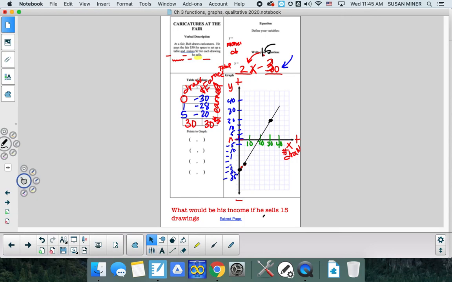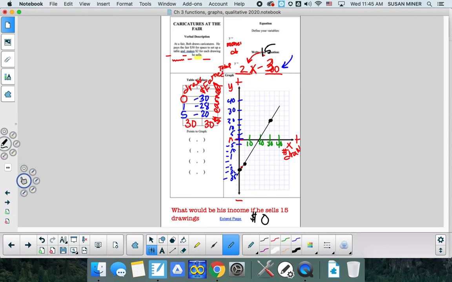He would make $0. He'd just barely be breaking even, right? So now we can see how we can use these equations, these functions, in order to make predictions about what our number of drawings should be. Okay, so I hope that helped.